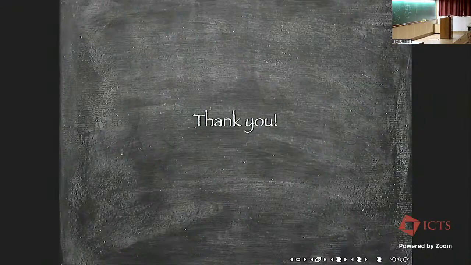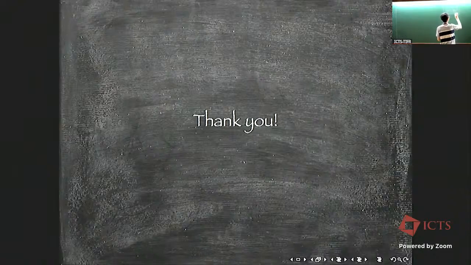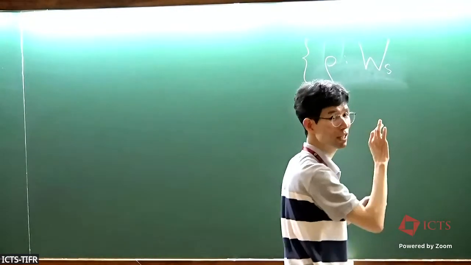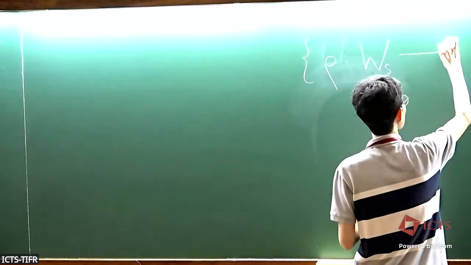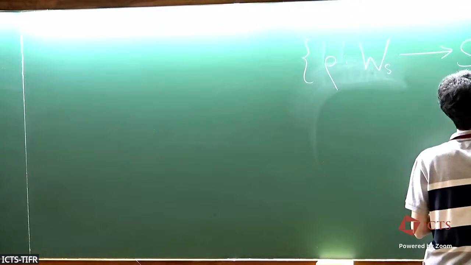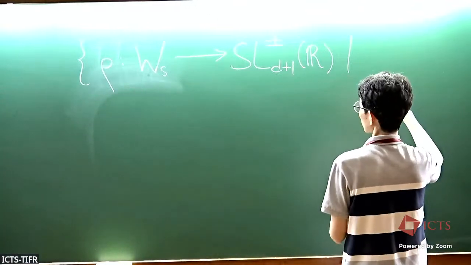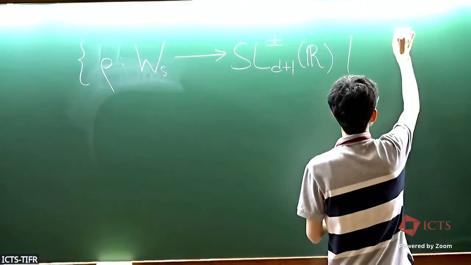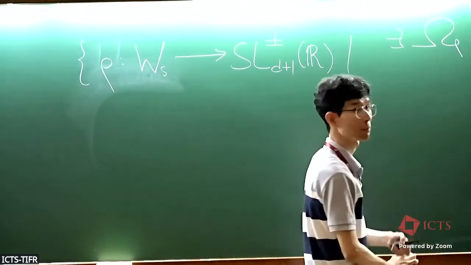The space I described is basically a subspace of Hom, the representation space of W_S, the orbifold fundamental group of the reflection orbifold, into the Lie group SL^{±}_{d+1}(R), such that there exists an Omega. Of course, this Omega depends on the representation rho.